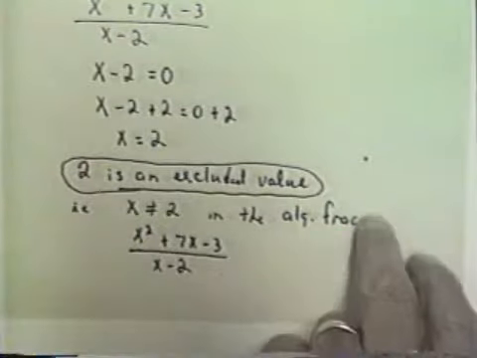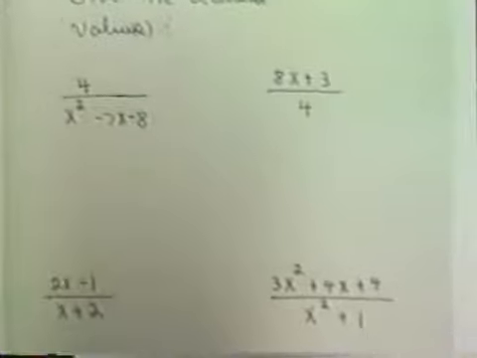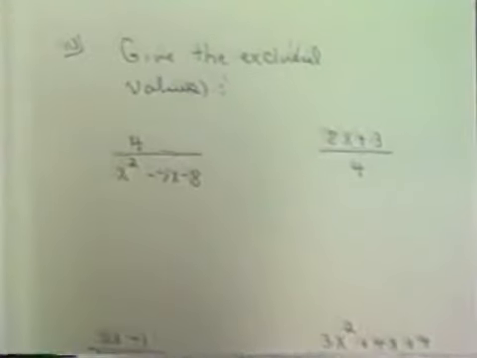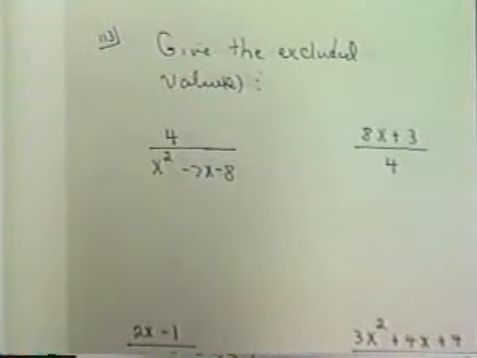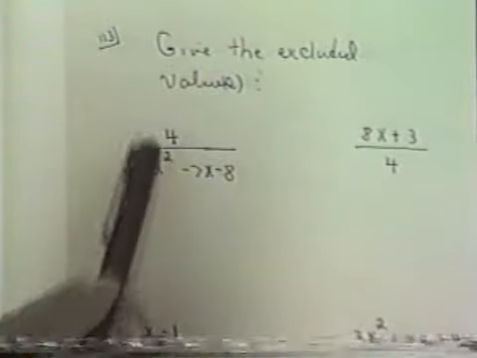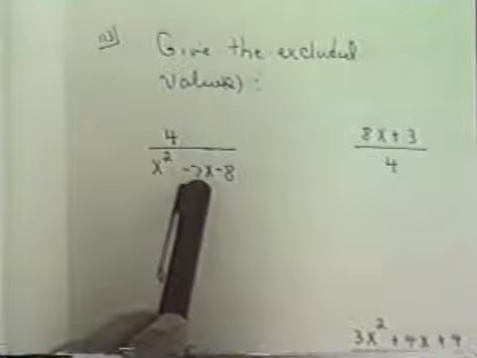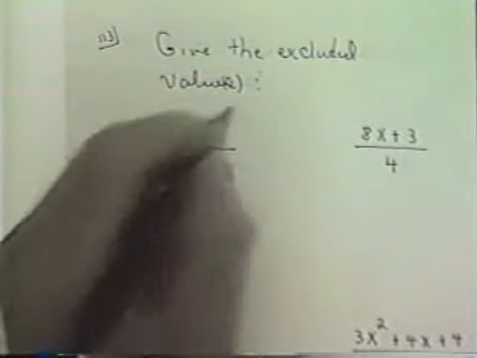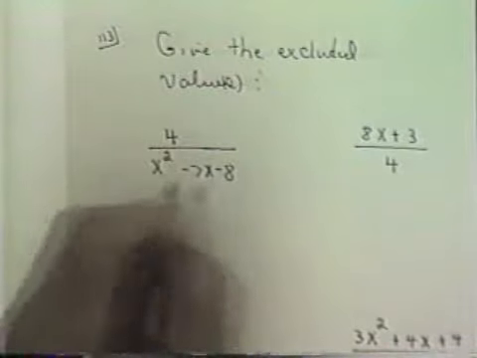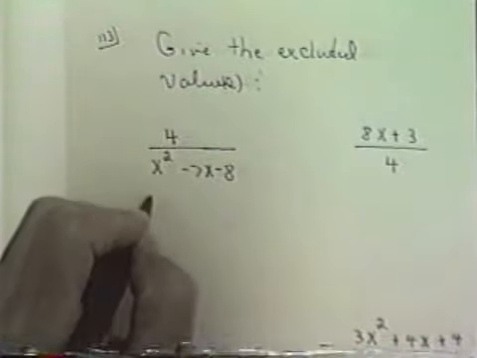Let's look at some other examples. I'm going to give you 4 more, and we'll look at them individually. Give the excluded values. First of all, let's look at 4 over x squared minus 7x minus 8. Well, to give the excluded values, we set the denominator equal to 0 and solve.